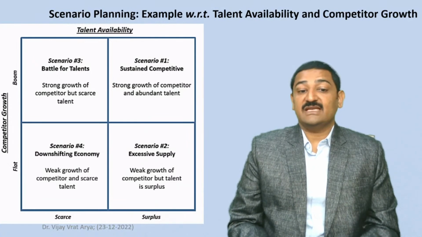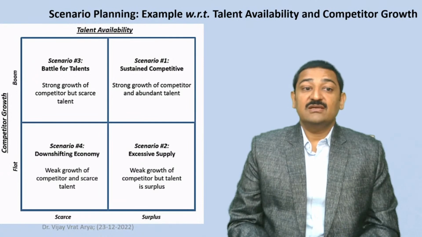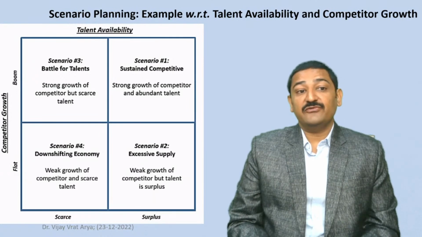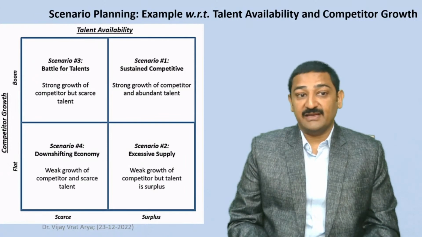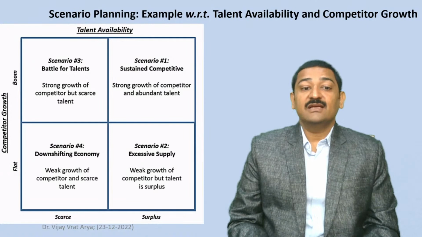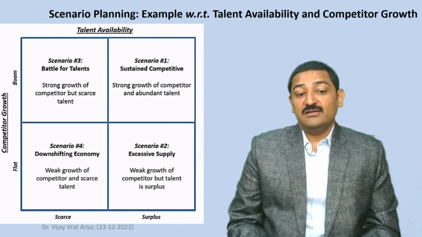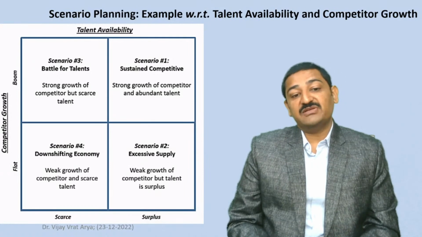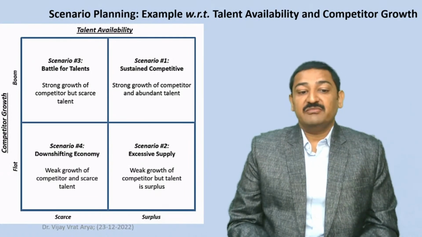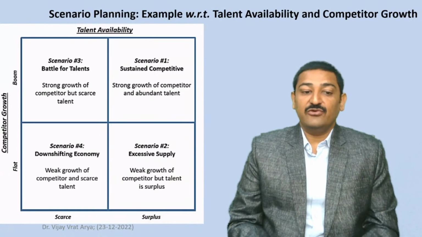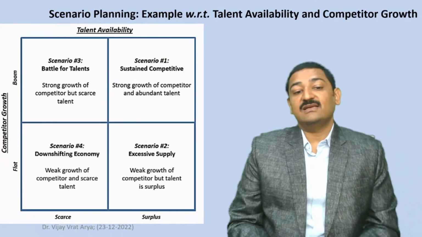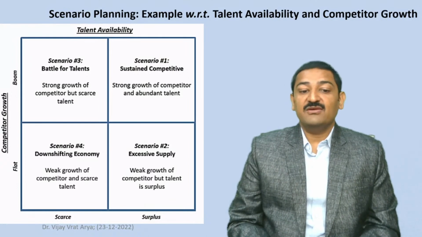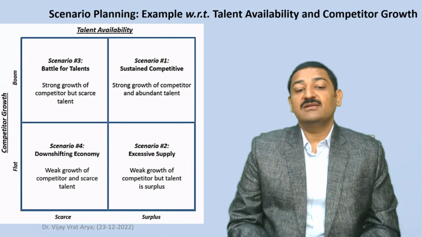But if we refer to scenario two, from the talent availability point of view, it has been defined as excessive supply. The talent is in surplus, but at the same time the competitor growth is flagging, which means the growth is not that high. It is weak growth. Therefore, we can interpret that scenario two has weak growth of the competitor, but the talent is in surplus.